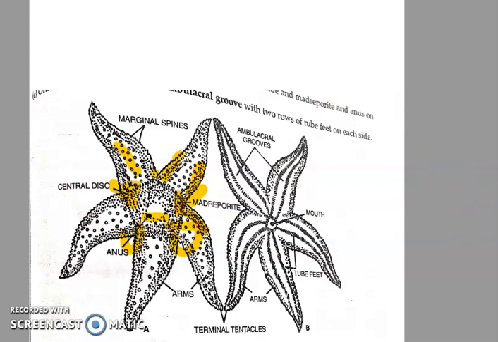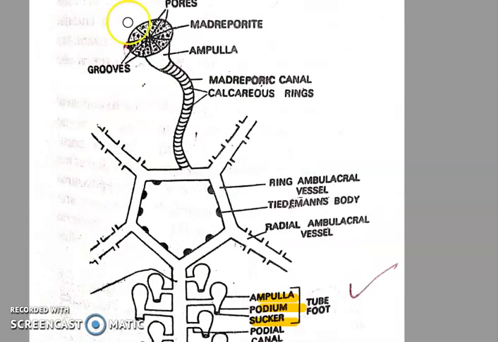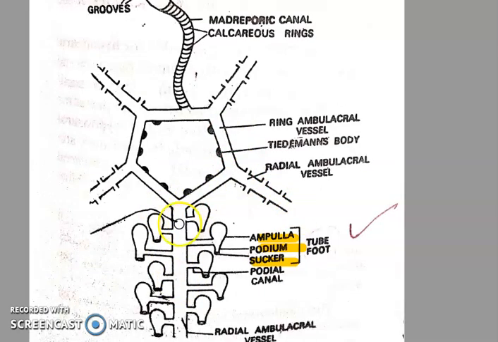We will study a little about the water vascular system. So this is the madreporite, and here cilia are present that lead seawater into the system. This water enters the swollen part, the ampulla, then from the madreporic canal it enters the ring ambulacral vessel, and each ring ambulacral vessel further leads into the radial ambulacral vessel that terminates into the podial canal.